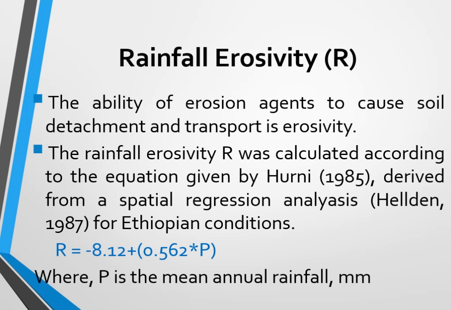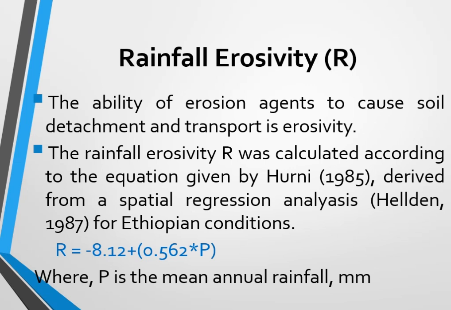So the rainfall erosivity is given by simply this equation: R equals minus 8.12 plus 0.56 times P, and this P is the mean annual rainfall of the surrounding stations of a watershed. I hope you have an idea how to determine the mean annual rainfalls of different stations.